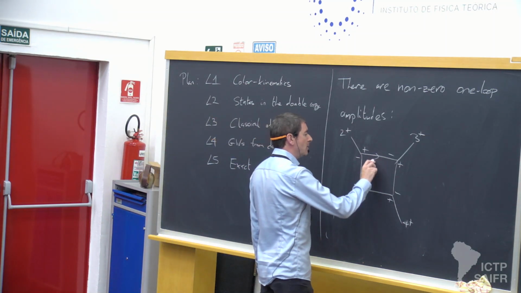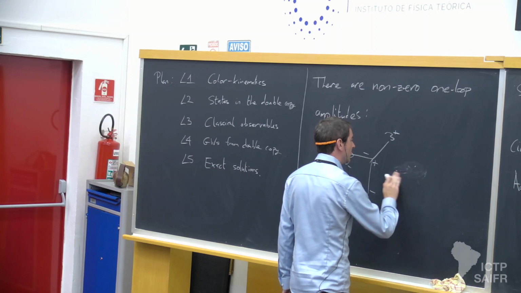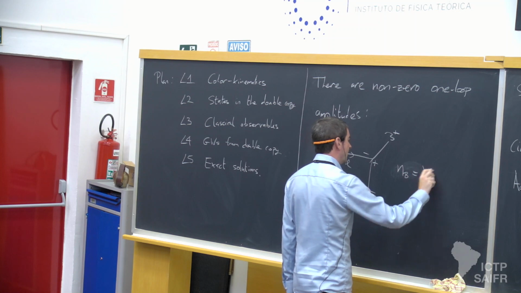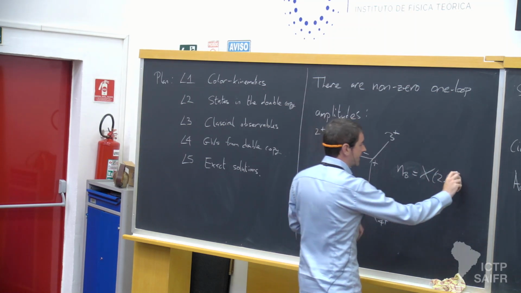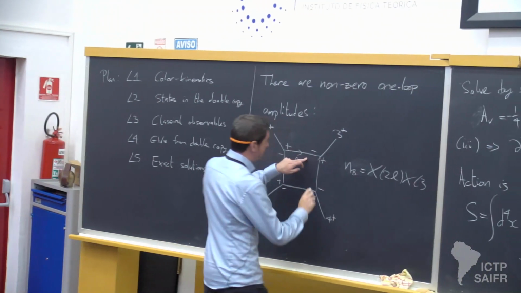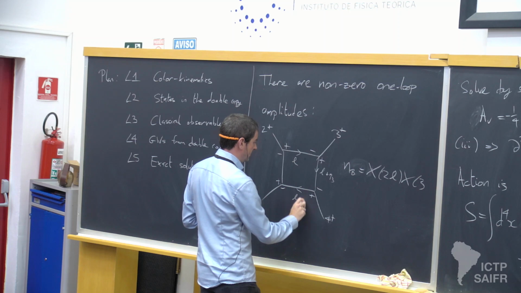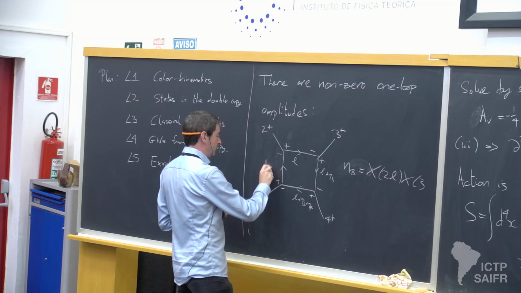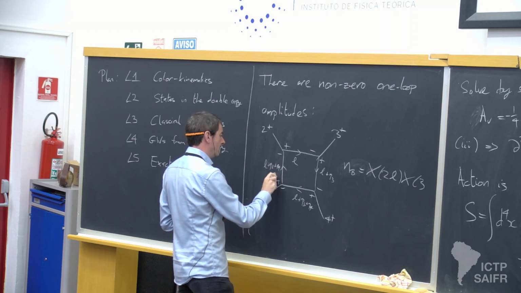So if I put a loop momentum here, this thing would have a numerator of, let me say n box, would have x 2 times that loop momentum, x 3. So this would have L plus P3, L plus P3 plus P4, L plus P4 plus P1.